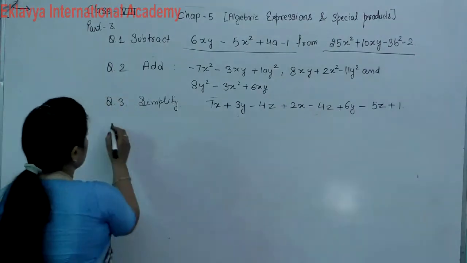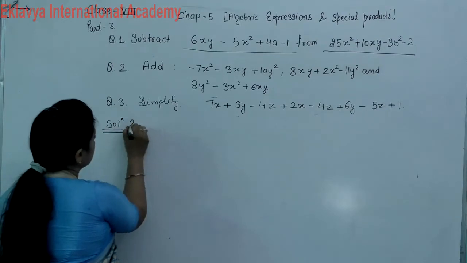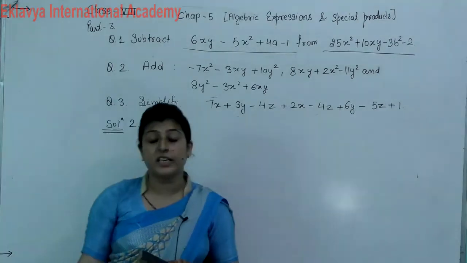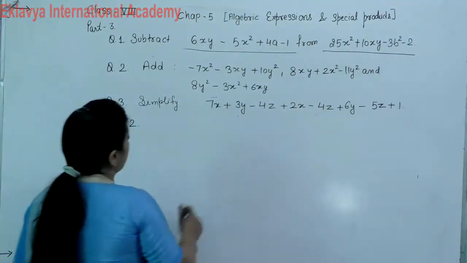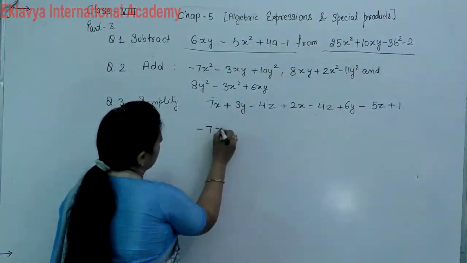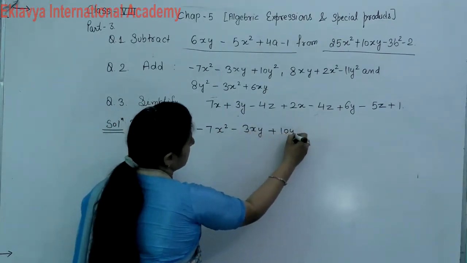Add. We already discussed the horizontal method. In this question we will discuss the column method of addition. Minus 7x square minus 3xy plus 10y square.